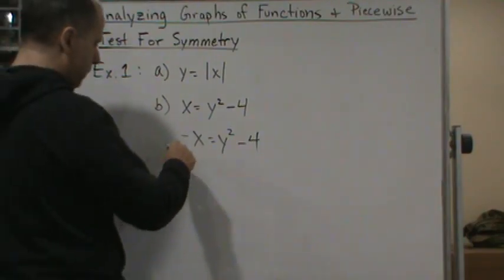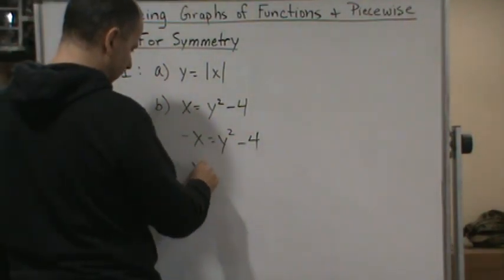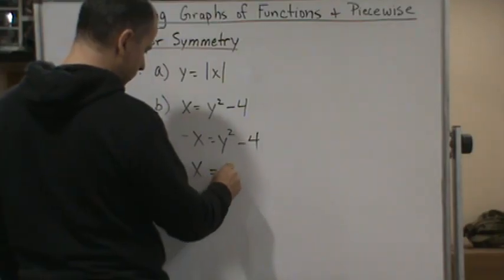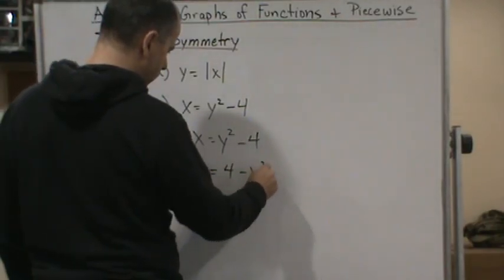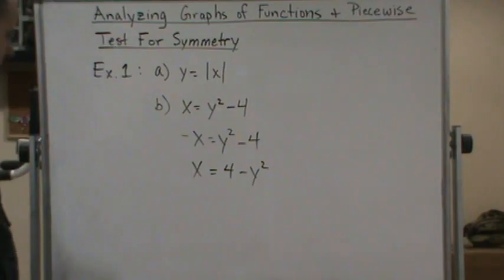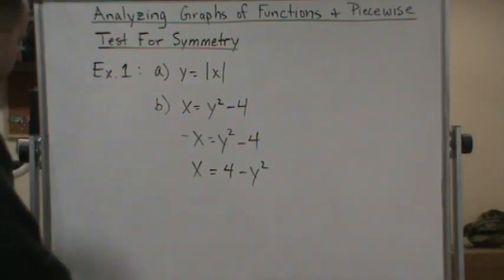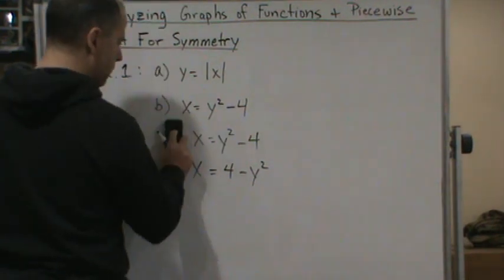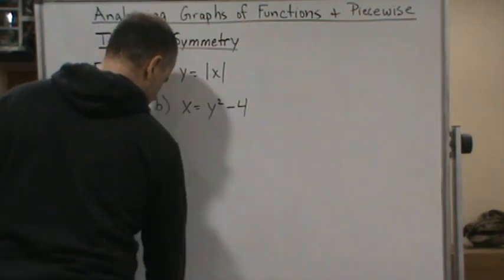Because even if we multiply both sides by -1, we're going to get x equals 4 minus y squared, which is still not the same thing. Okay, so it's not symmetric with respect to the y-axis.